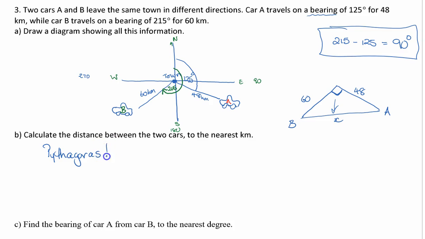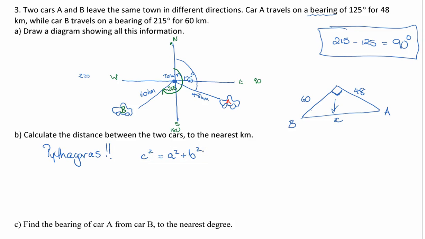Now, this is not something that I had previously revised. But should that ever be the case, and the reason that it came to mind was because there was no angle given. Neither this angle or this angle were given. So I'm thinking within my right-angled triangle, I've got two sides being asked to find the third side. That is Pythagoras. That is using c squared is a squared plus b squared.